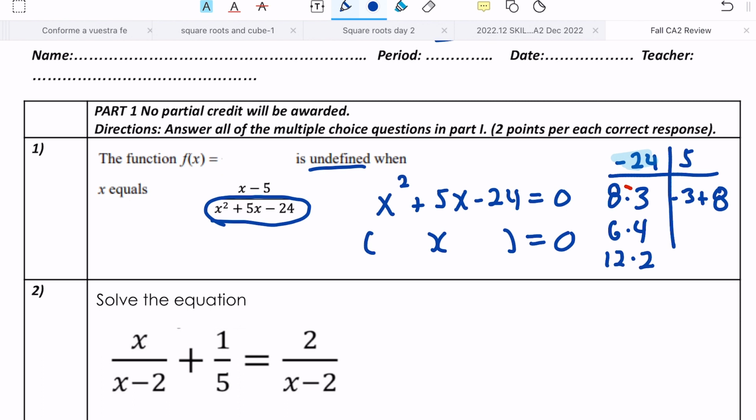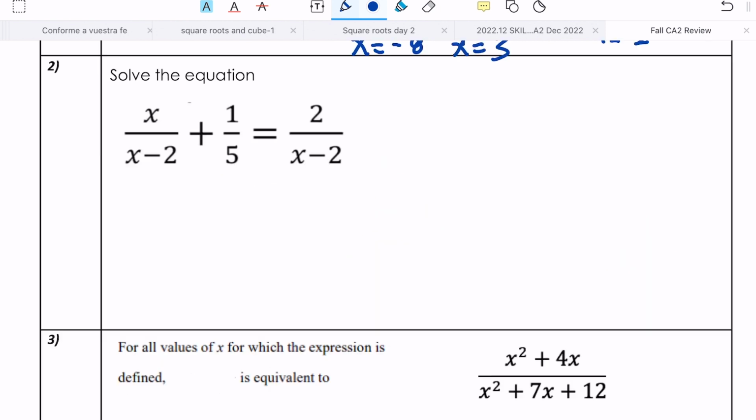So I can say that this will be, looking at my numbers from here, x plus 8, x minus 3. So this is going to be 0 when x is negative 8 and x equals 3. In other words, solve for x.